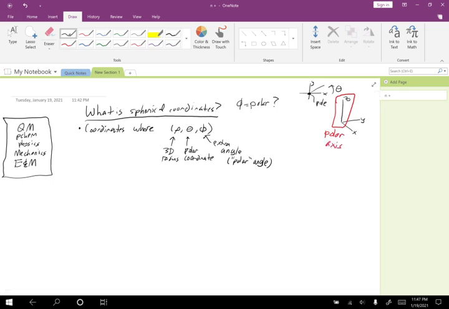And all of this polar is motivated by the Earth itself, because we have the North Pole and the South Pole. And you can think of the z-axis as connecting those two poles.